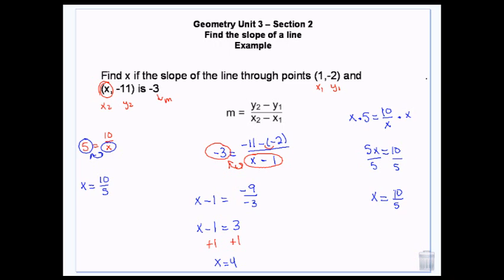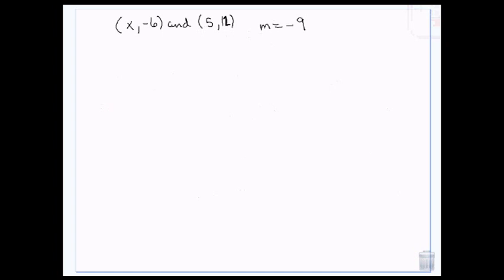Do you want to see another one like that? So, all right, we can say this is x2, y2, x1, y1. It doesn't matter. So I'm going to plug in what I have.